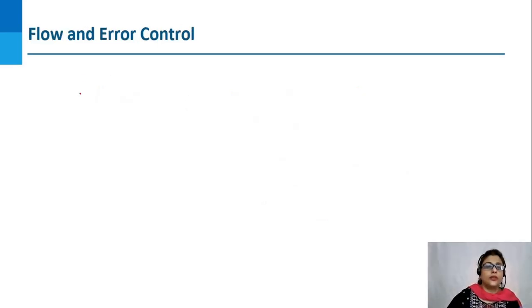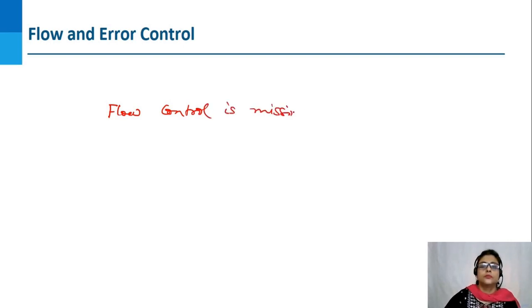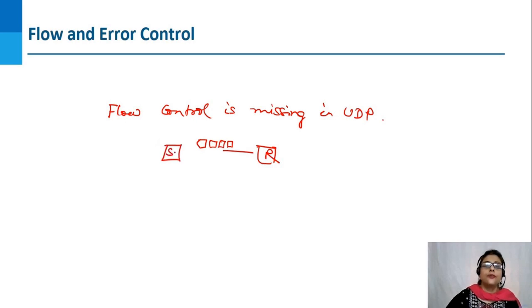Regarding the flow and the error control, as we have already said, there is no flow control. The receiver may be overwhelmed by different packets, and so no flow control mechanism is possible either from the sender end or the receiver end.